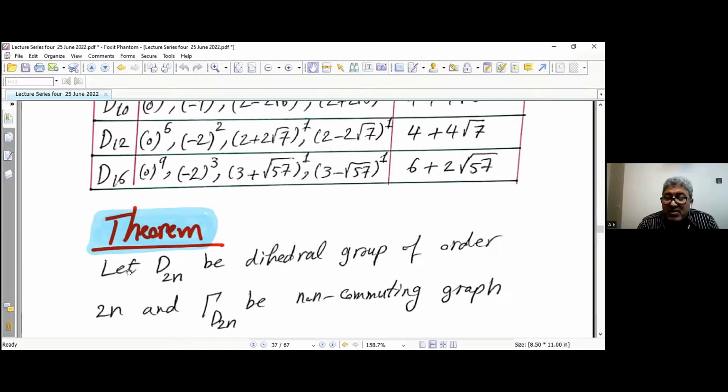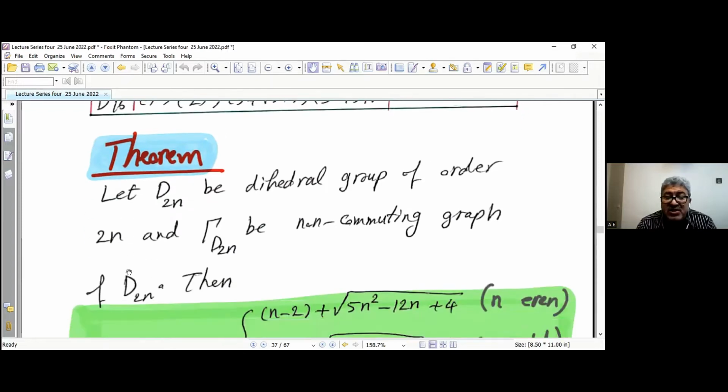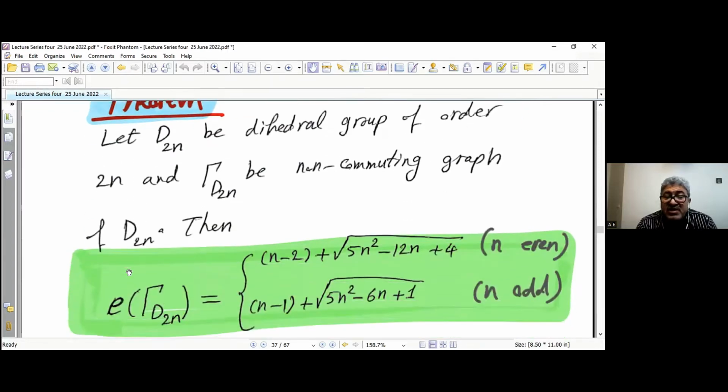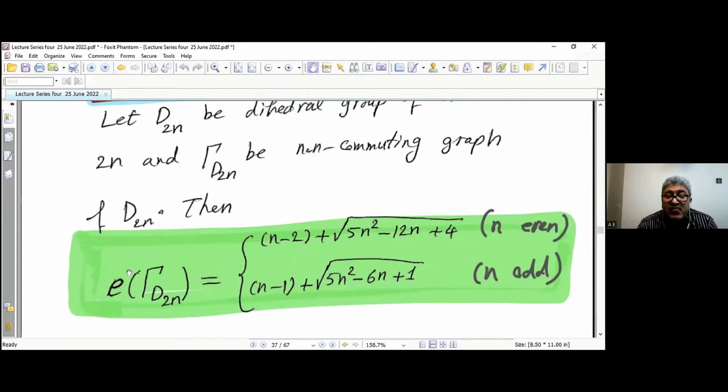Now, it's interesting to see what we can say about the energy of the non-commuting graph of the dihedral group of order 2 times n in the general case. Let me give this convention: when we are talking about energy, it means the sum of the absolute values of all eigenvalues of the adjacency matrix.